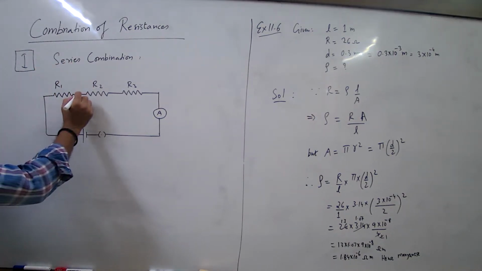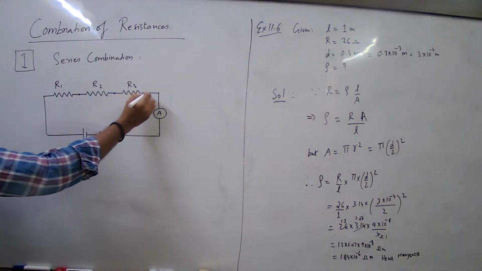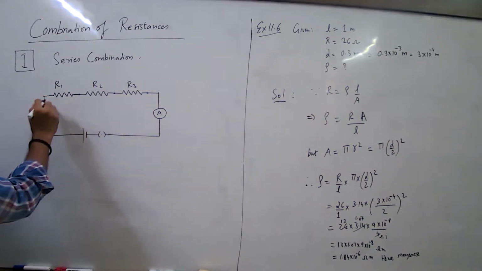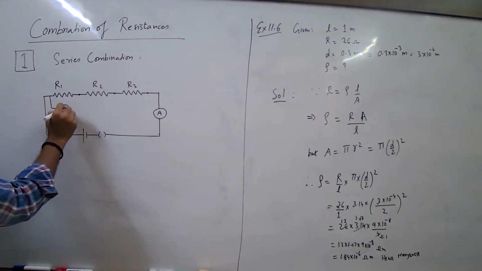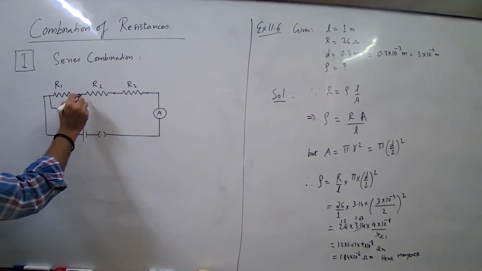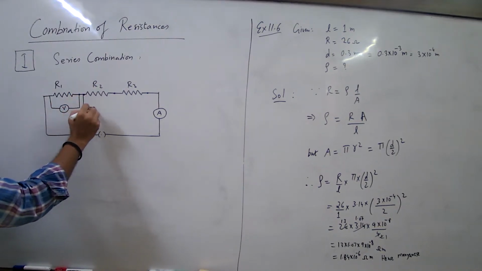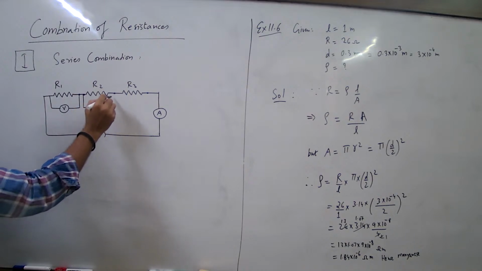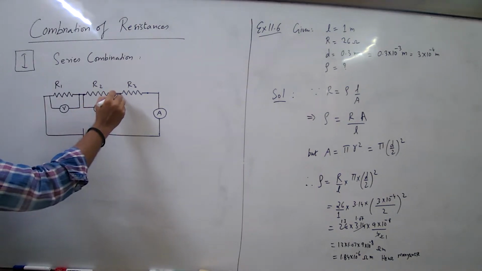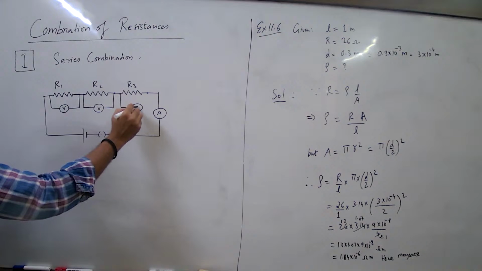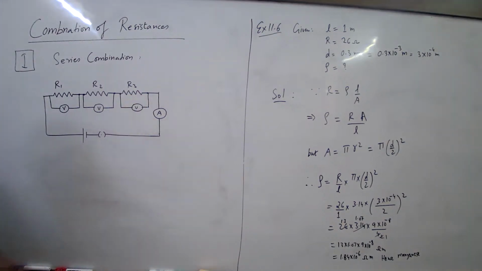Okay. Now we want to connect a voltmeter across each resistor to measure the voltage across R1 and R2. So what have we done?